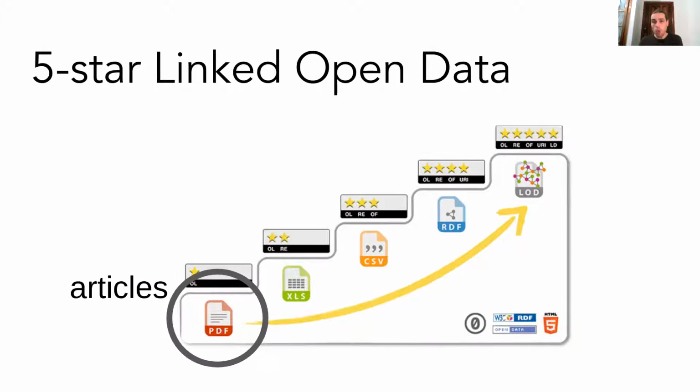We all know what one-star data looks like. It's the most common way of sharing knowledge in the sciences. It's via scientific articles. And actually not even that, because for being one-star linked open data, it needs to be open. You need to have an open license in this data set.